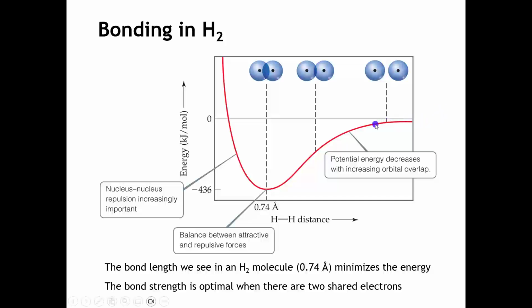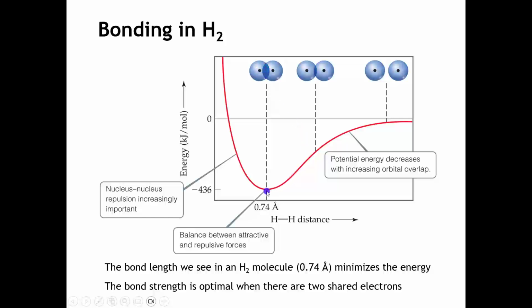As we bring them closer together, the potential energy starts to drop. It goes down because of the electrostatic attractions between the negatively charged electrons and the positively charged nuclei. And in particular, that would only happen if we're building up more electron density between the two nuclei. Okay, and that's what we're going to call a bond, a sigma bond anyway.